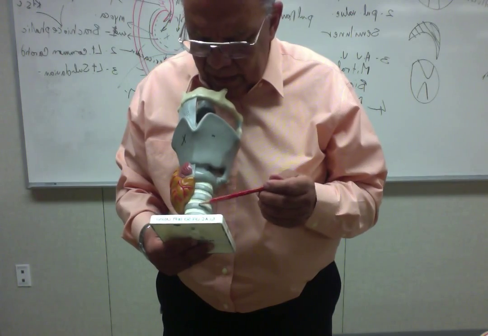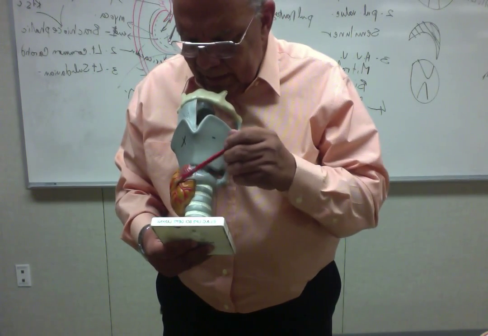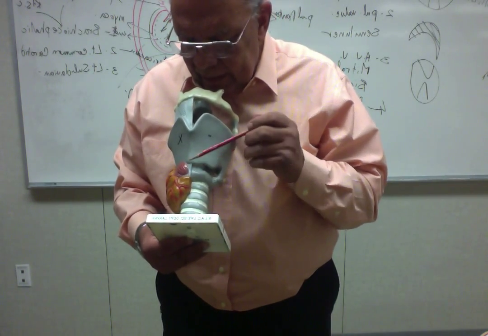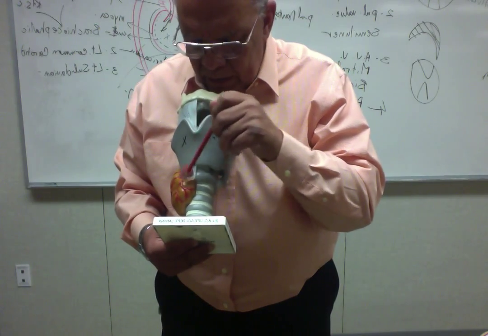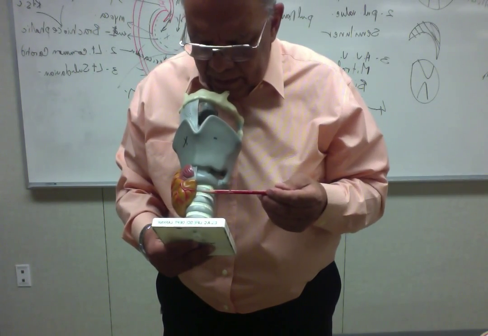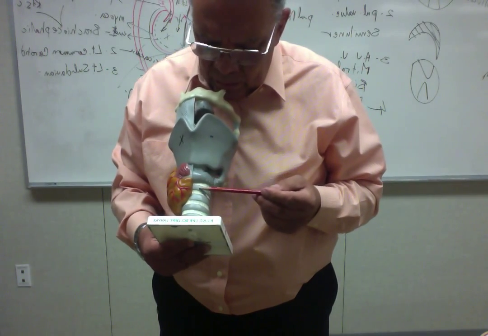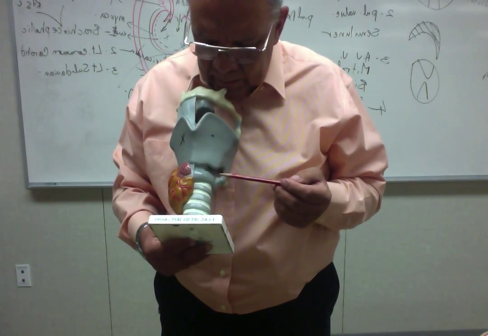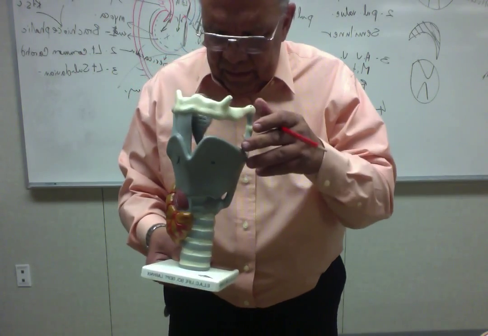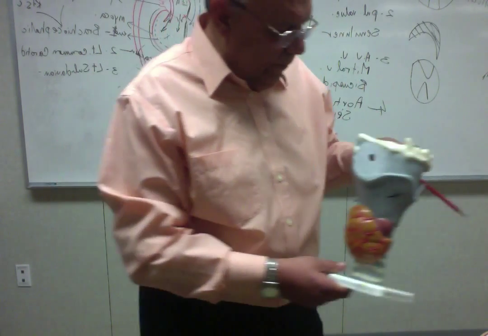Anterior to the trachea, in the middle, is the thyroid gland. It's made of two lobes, one here and one there, attached in the middle by what's called the isthmus, which is opposite the 2nd, 3rd, and 4th tracheal rings. Let's see the other mannequin.